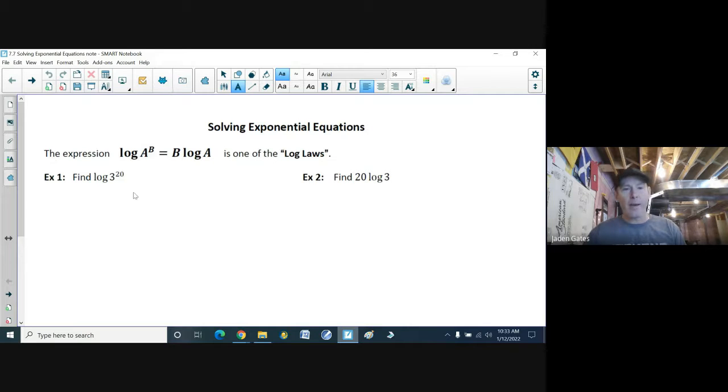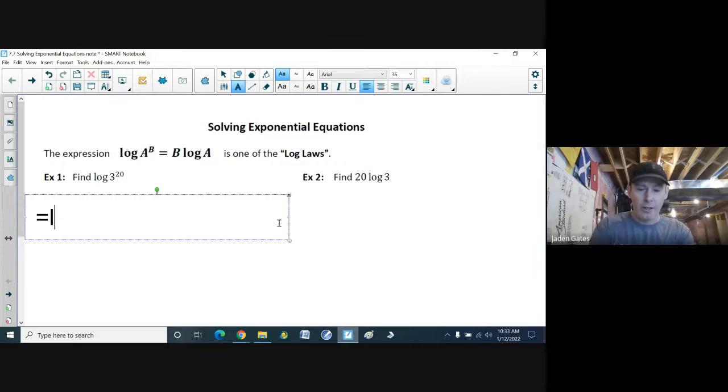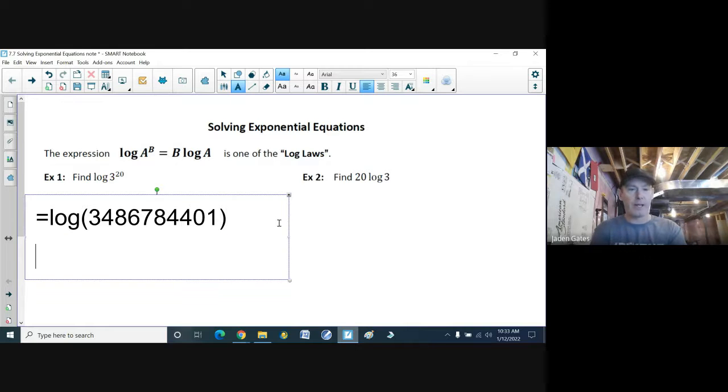All right, so what that means is, for example, number one here, I've got find the log of 3 to the power of 20. Now, 3 to the power of 20 means take 3 and multiply it by itself 20 times. If I type 3 to the power of 20 into my calculator, I get 3,486,784,401, which is obviously a very big number.